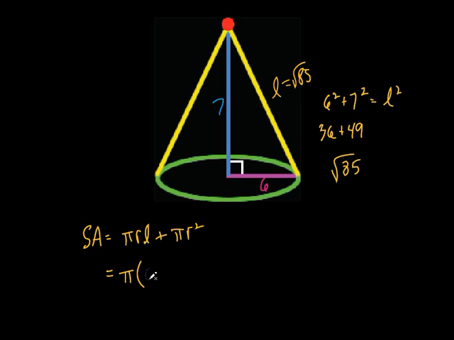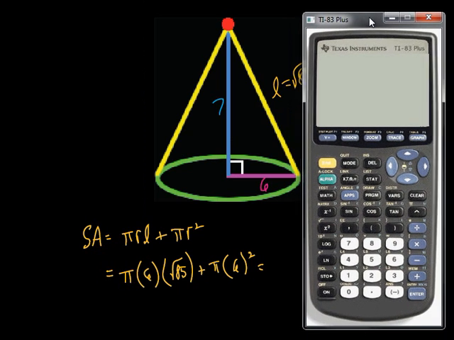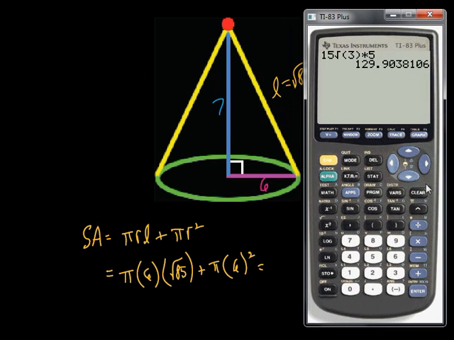So you take the pi, times the r, which is 6, times the L, which we just found, which is the square root of 85, plus pi, and then r squared again, which is 6 squared, and we'll chuck all that into our calculator. This problem is not done for me in the book, so let's see if we get their answer. Actually, they do have the answer there, but let me just for fun, you don't mind, do you?